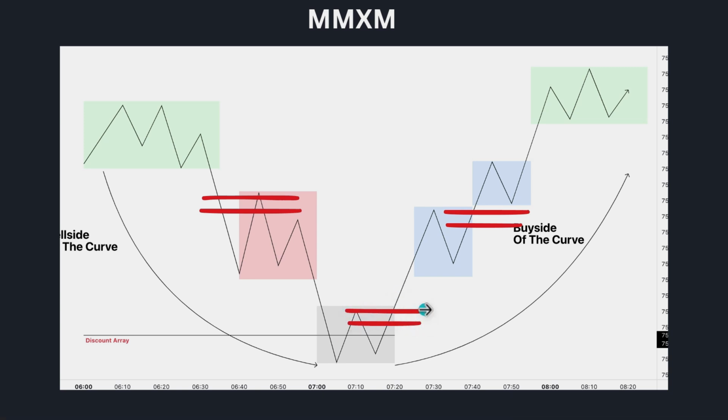This becomes a BPR right here. That means price cannot go below this low until it has reached a key liquidity point. Price moves higher, goes lower, rebalances a fair value gap right here, moves higher, mitigates all the PDAs, and completes a market maker buy model.